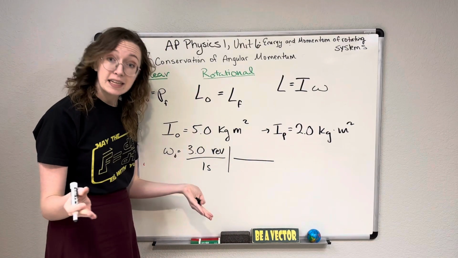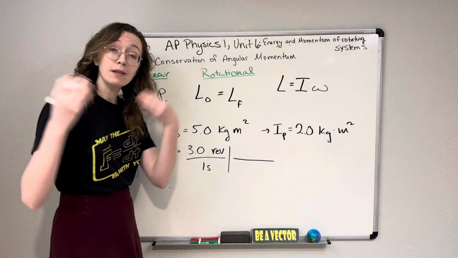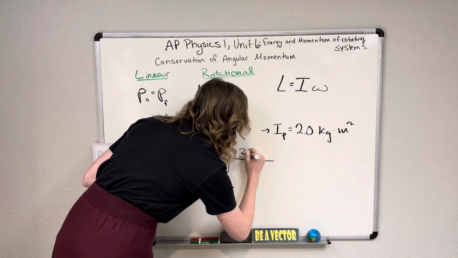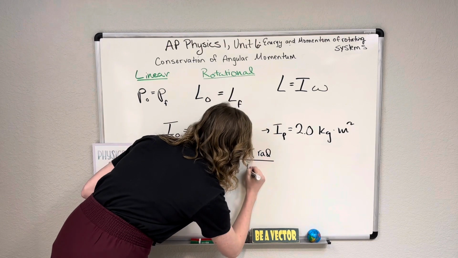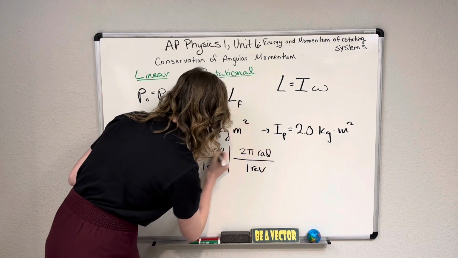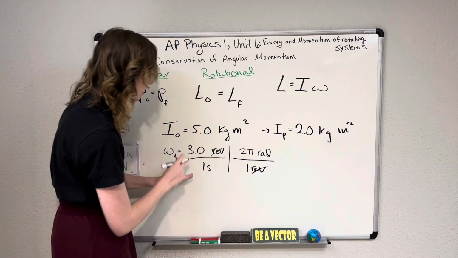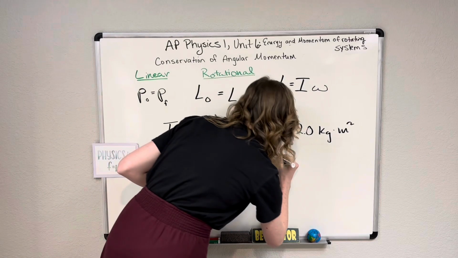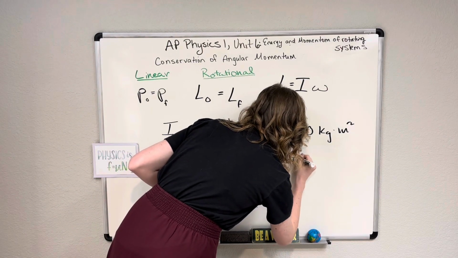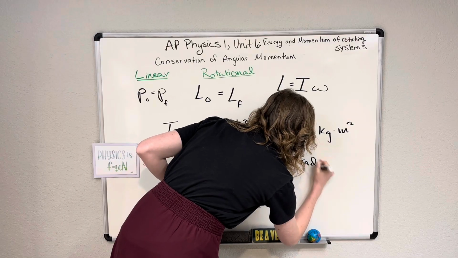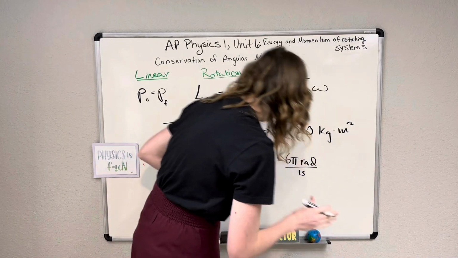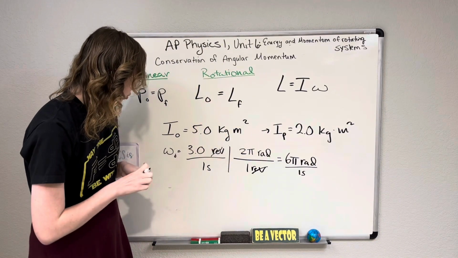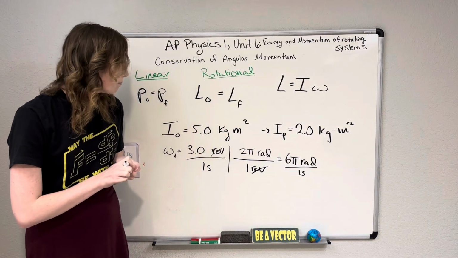How many radians do we have in 1 revolution? That's 2 pi. So I'm going to multiply this by 2 pi radians over 1 revolution. Revolutions divided by revolutions cancels out. I have 3 times 2 pi, which means we have 6 pi radians per every 1 second. And so that is our original angular velocity.